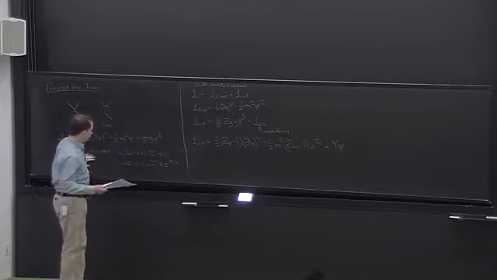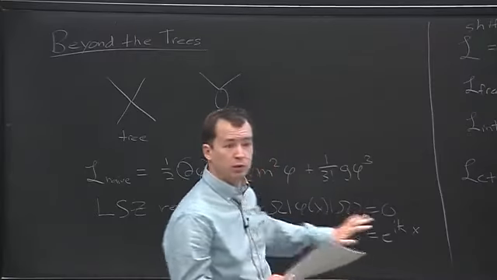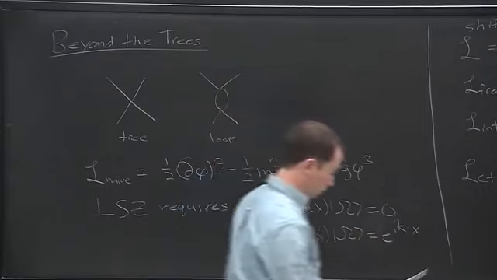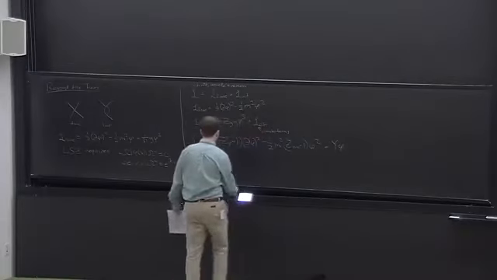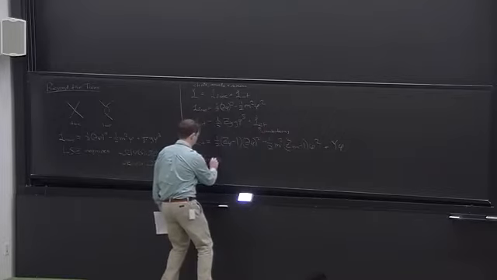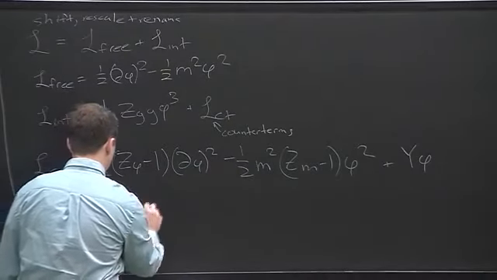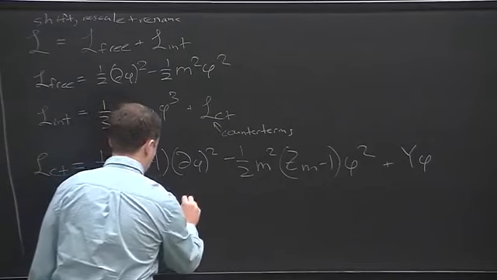We'll try to see what these conditions imply and what the other two conditions should be. And so what we're going to do is determine the z_i's and y perturbatively.